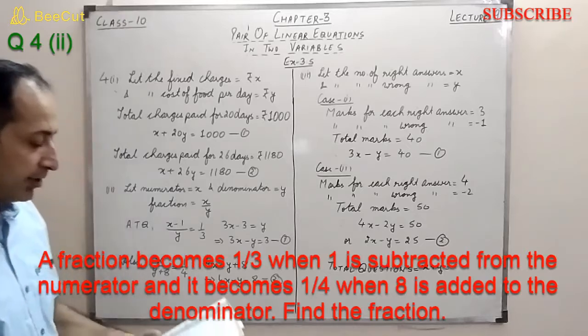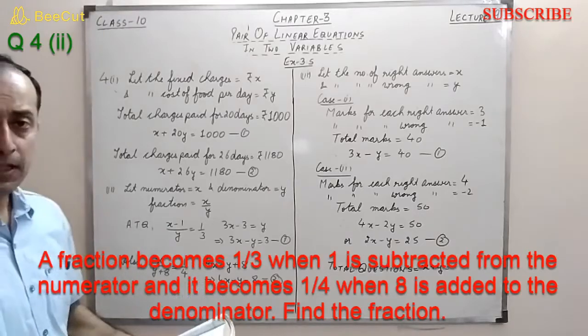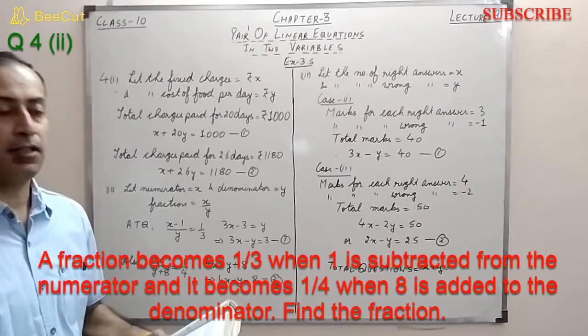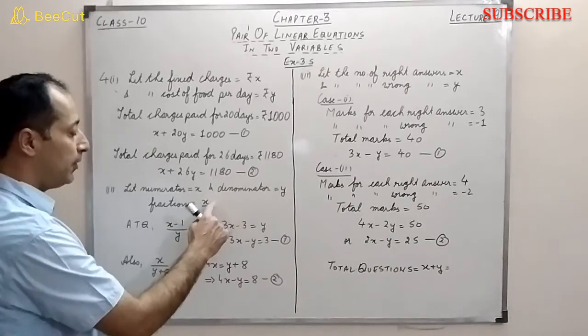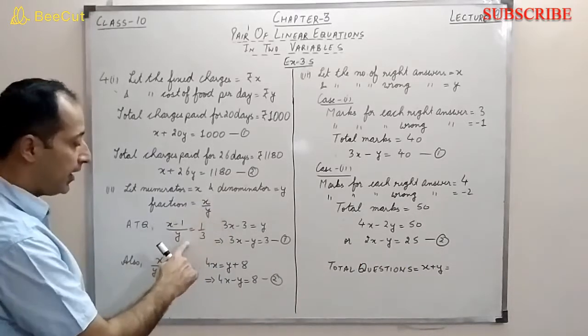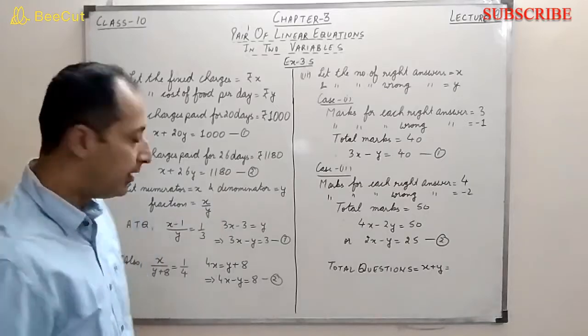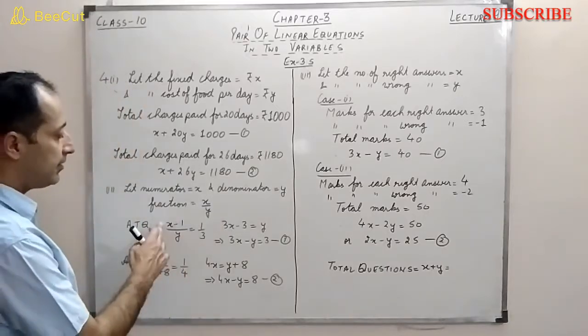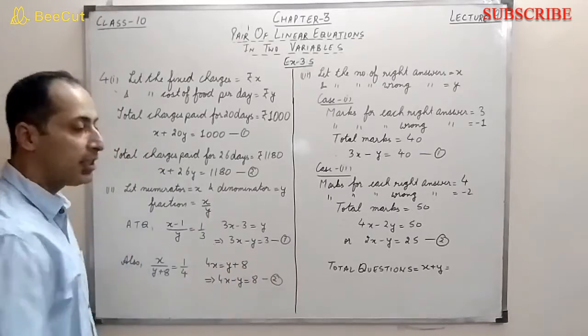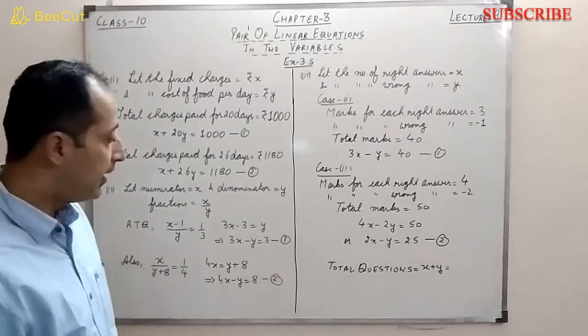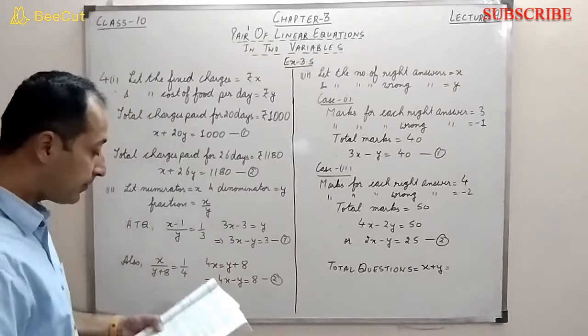Now, what is the first condition given to us? A fraction becomes 1 by 3 when 1 is subtracted from the numerator. So this is the fraction. If we subtract 1 from the numerator, that is (x minus 1) upon y, it becomes 1 by 3. So we cross multiply: 3x minus 3 equals y. On simplifying, I get the first equation as 3x minus y equals 3.